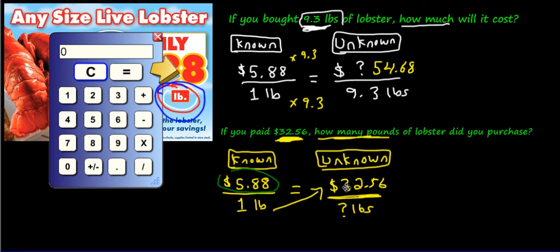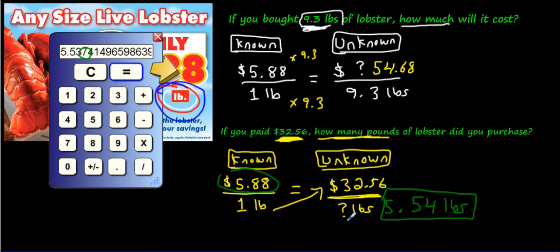So we're going to take 1 times this, which makes 32.56, and then divide it by $5.88. We get 5.54, because the 7 over here rounds the 3 up, pounds. So if you paid $32.56, that means you bought 5.54, or about 5.5 pounds of lobster.